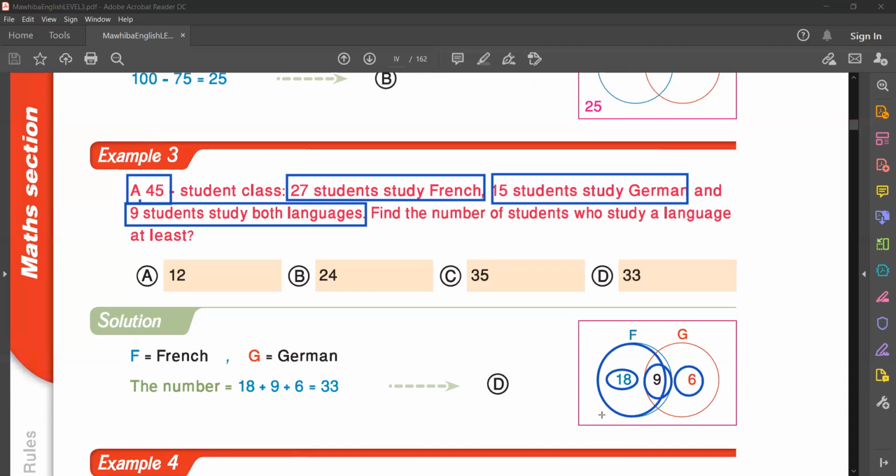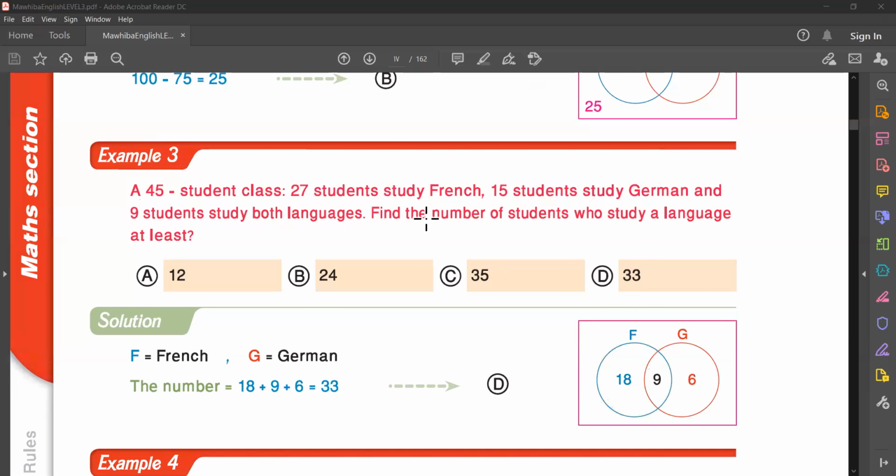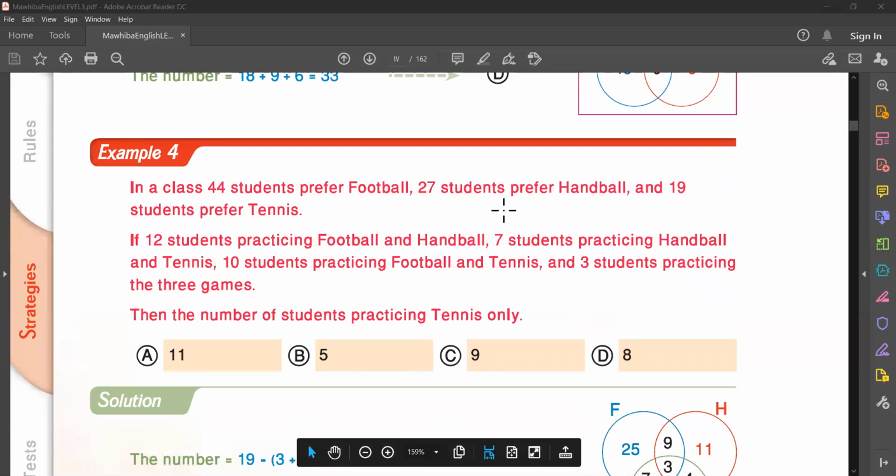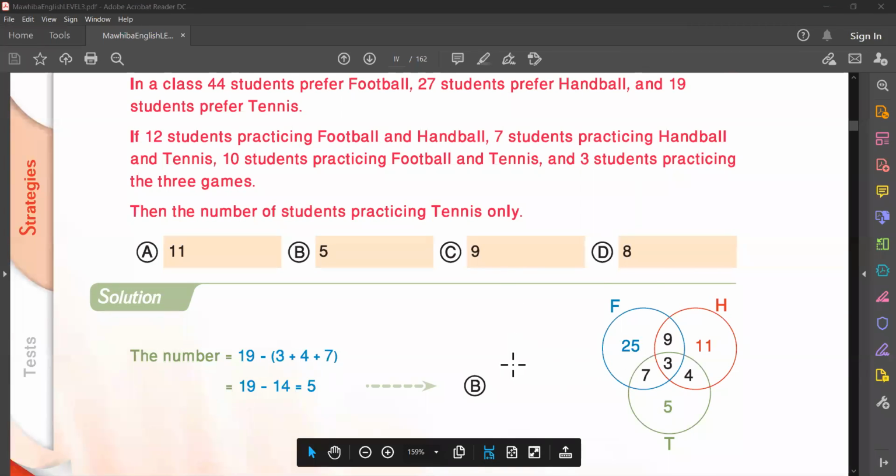You add 9 plus 6 is 15, plus 18 is 33. So the answer is 33. What is the correct answer? It is D, sorry, it is D. Right, that is how to solve problems like these by Venn diagrams. It is the same: you draw diagrams and you solve it.